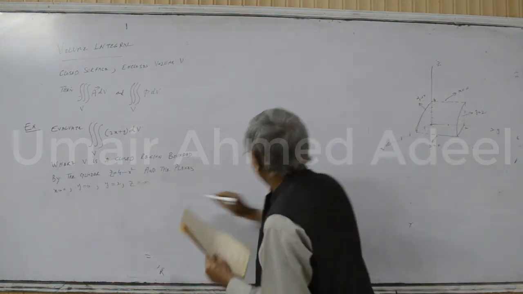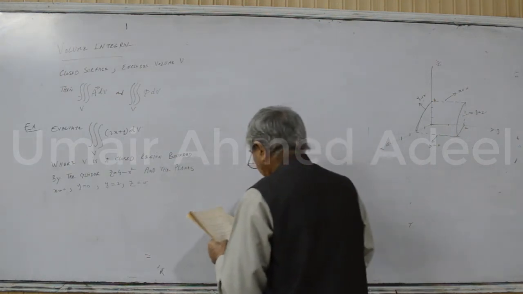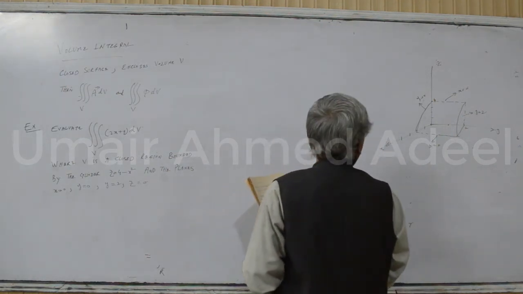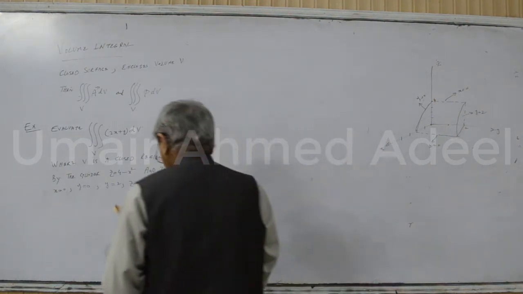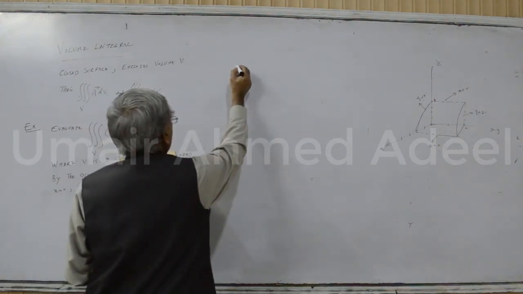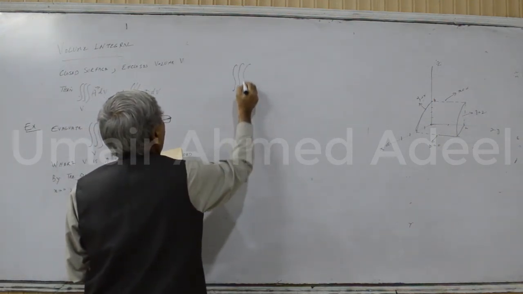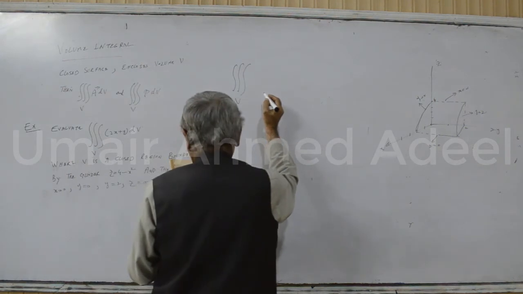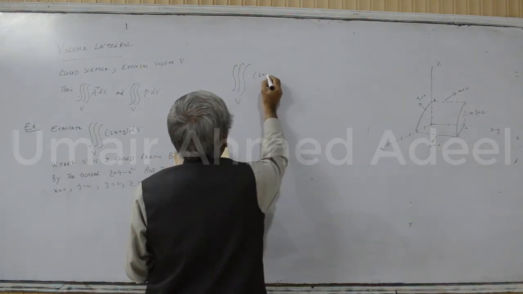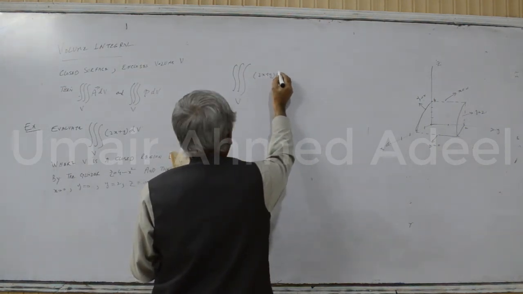All these three planes I have shown in the figure, and he says evaluate this integral. Okay, so that is simple. We are having the triple integration of (2x plus y) dV.